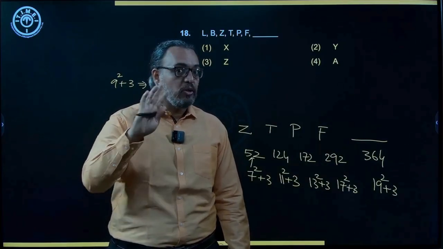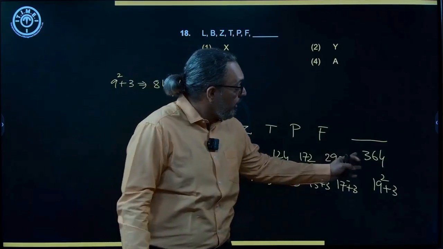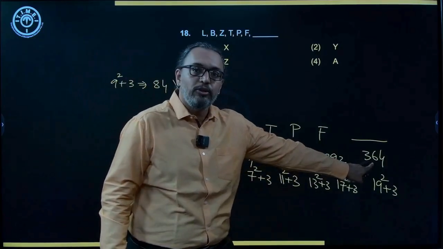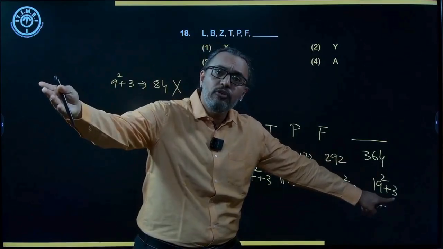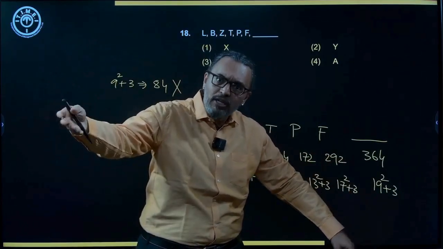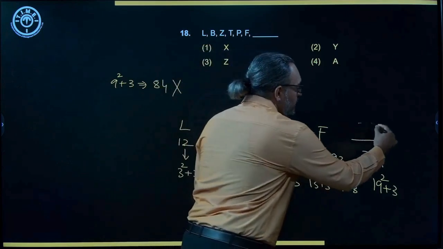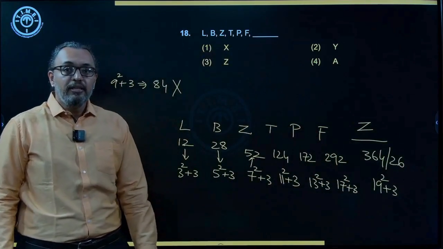Now 260 is also Z. So from 260, you are going to add still 104. After you take 260, which is Z, you are still adding 104. So if I add 104, 104 is again nothing but multiple of 26. So you are adding Z 4 more times. So basically 364th alphabet is nothing but 26th alphabet, which is Z.